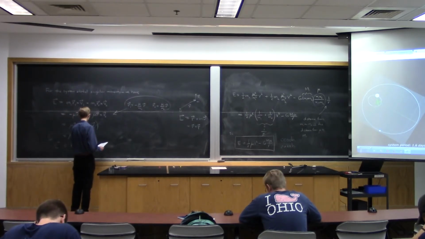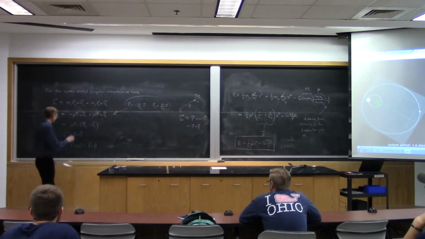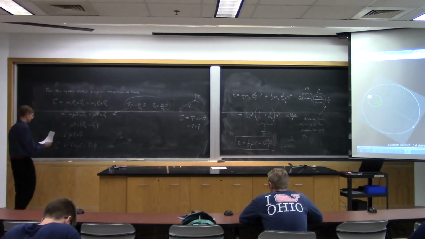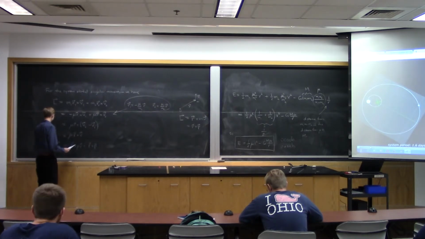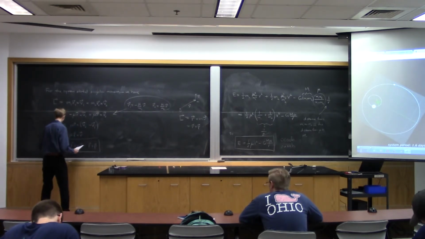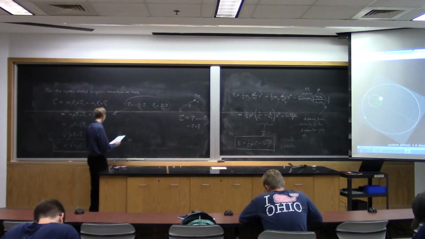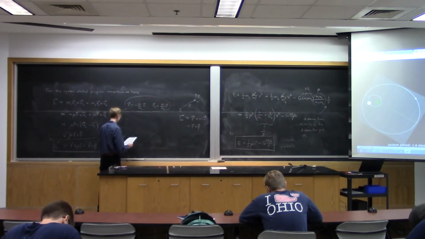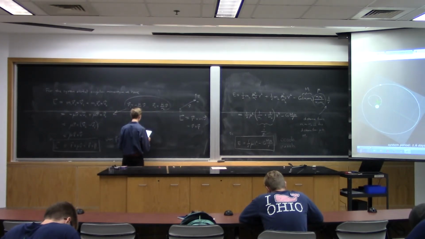And if we call mu v little p, then we get that L for the whole system is just r cross p, where p is the momentum of mu in the equivalent one-body problem. So p equals mu v is the momentum of the reduced mass.